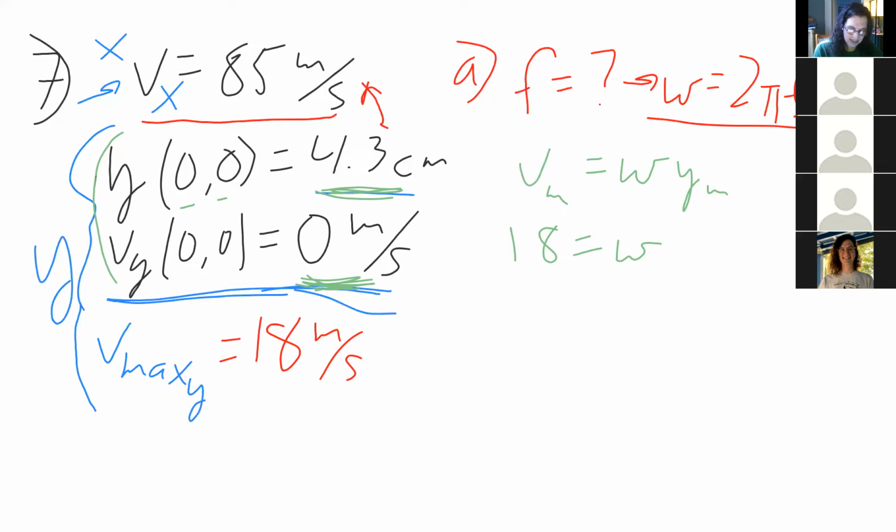So all that is to say that we have 4.3 centimeters for our Ymax. It's just intuited from the fact that we also know it's not moving. And want to make sure that we're not using centimeters here, so it'll be 0.043. And then we solve for omega.